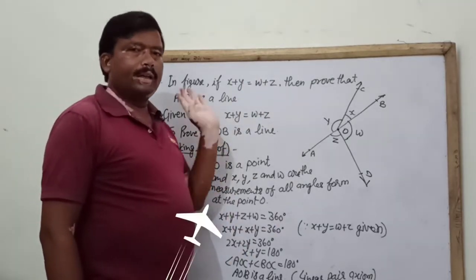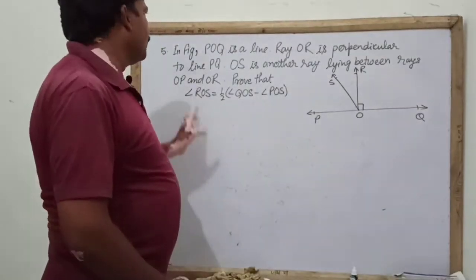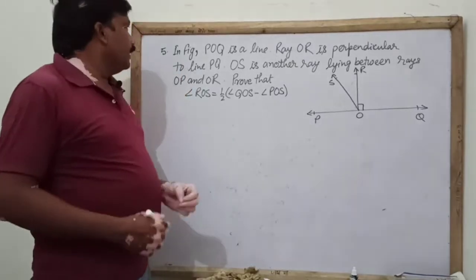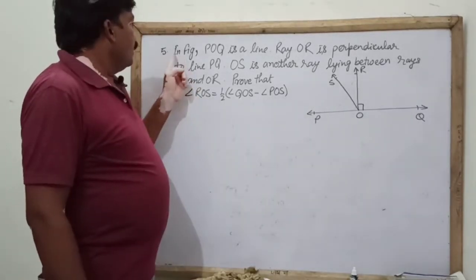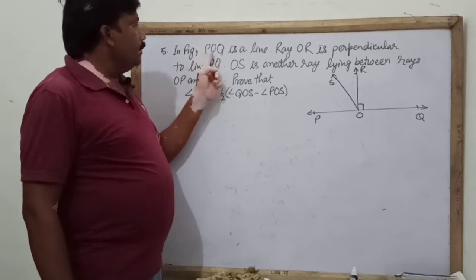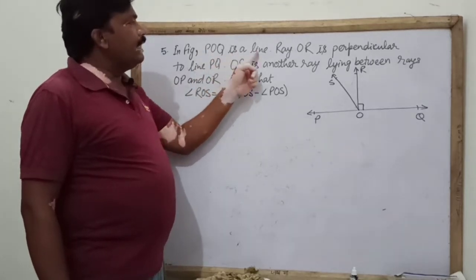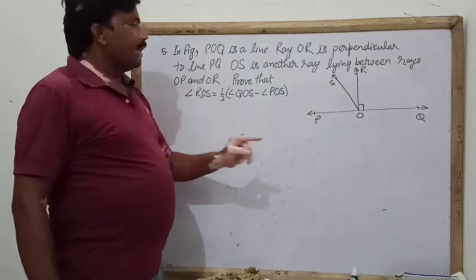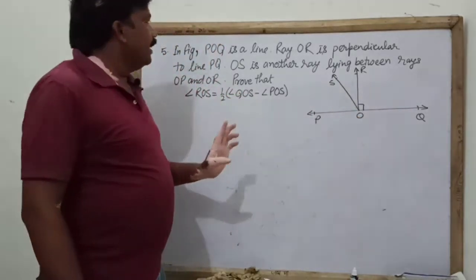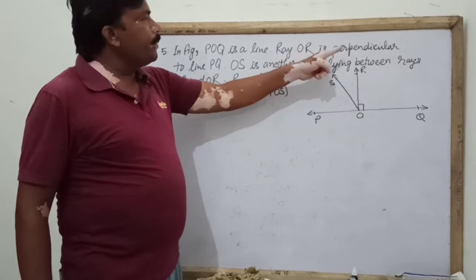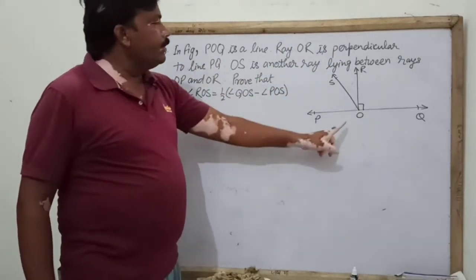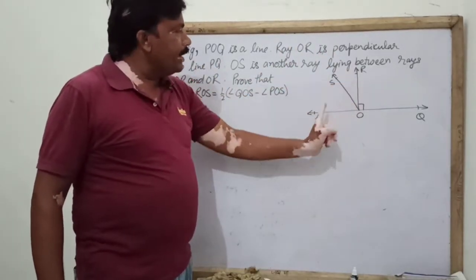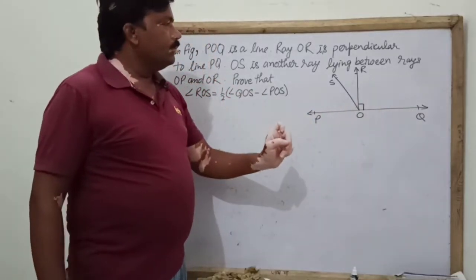Now we move to another question, the fifth question. In the figure, POQ is a line. Ray OR is perpendicular to line PQ.